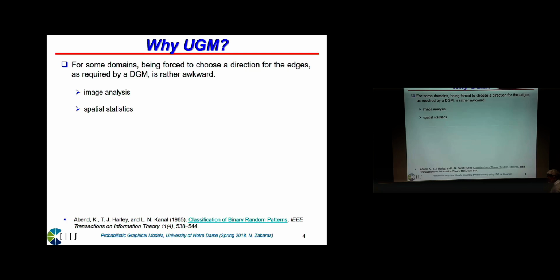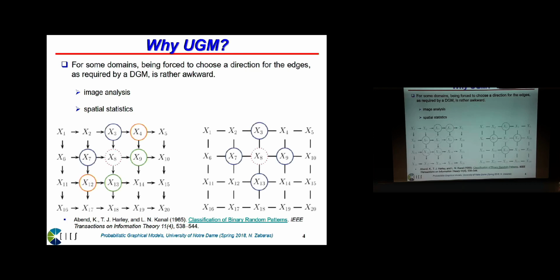What does that mean? It doesn't mean anything. So really, there is no meaning in using a directed graphical model, let's say, in the context of image analysis. And more importantly, it's not relevant to use it in this huge field of spatial statistics, where you effectively try to model correlations in a spatial domain.